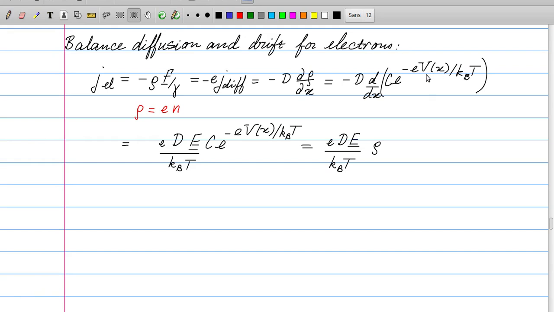And the gradient of V is equal to the force, the electric force, and that's e times the field. And so we have e times D times the electric field over kBT times e to the power minus eV(x) over kBT. And now I use the fact that I can replace this constant times the exponent by rho. That was rho.